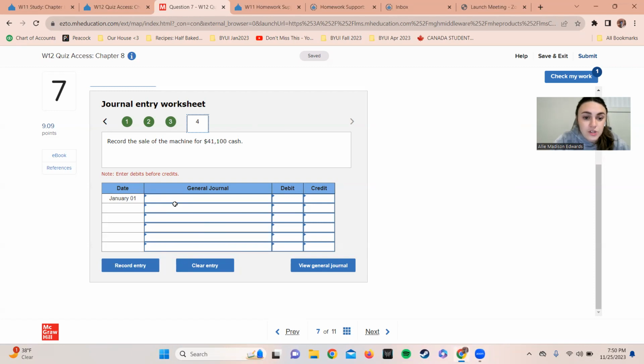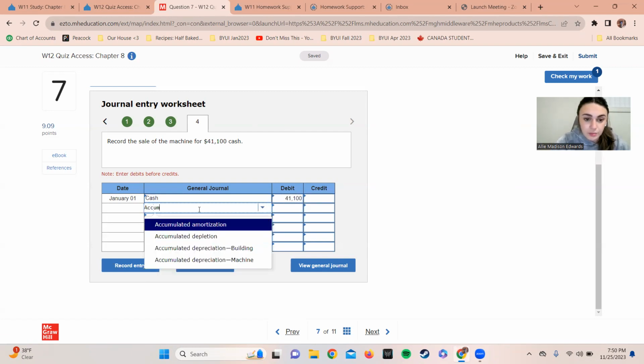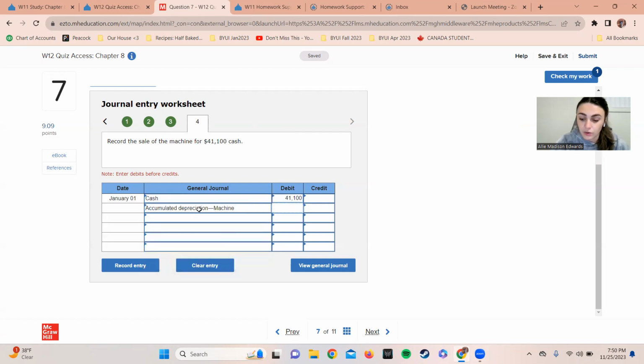Record the sale of the machine for $41,100 cash. So we have cash again starting up here, our 41,100. We have our accumulated depreciation on our machine, which goes in here for 91,400. Now, here's something that we run into in this case.